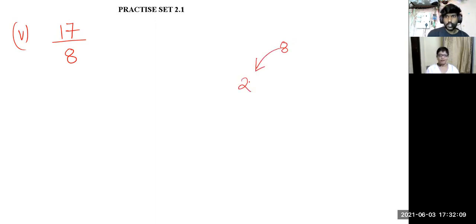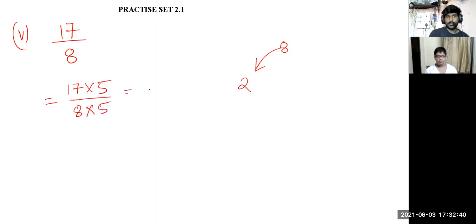We can go for 40, sir. 8 5s are 40. So if you make the denominator 40, you'll still have to multiply 40 with something to make it 10, 100 or something. You can do it in a two-step way also. So first make it 40. To make it 40, you'll have to multiply by 5 in the numerator and denominator.